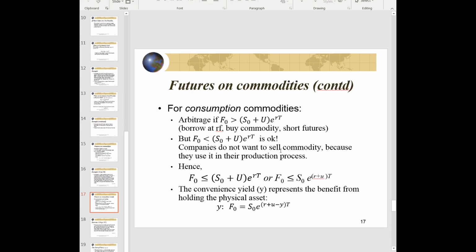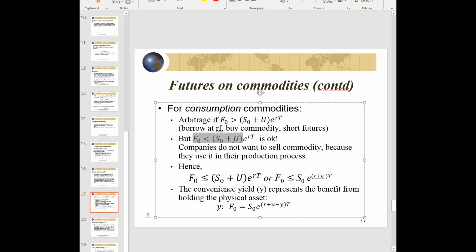Now, for consumption commodities, and again, recall that these are different from investment assets in the sense that people want to have consumption commodities to do something with them, to produce something. The relation between the spot price and the future price becomes less tight. So there is still an arbitrage opportunity if the futures price is too high.